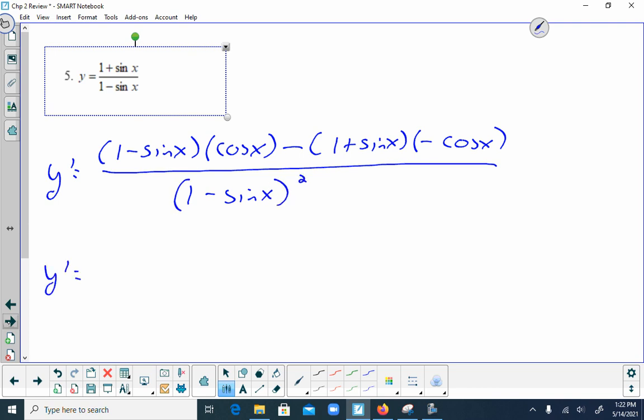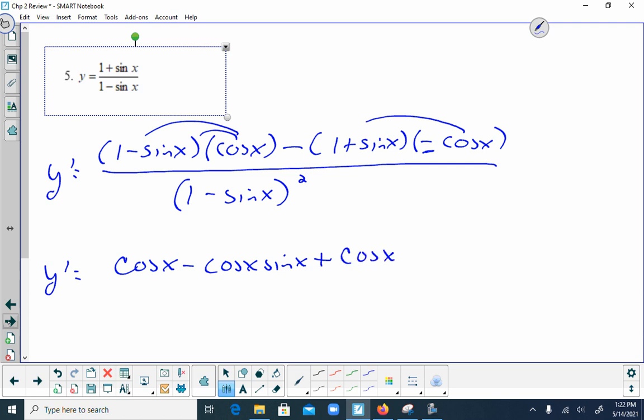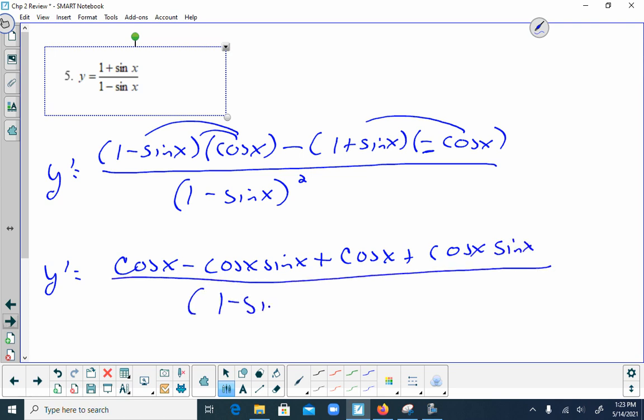Well, I'm going to go ahead and distribute this cosine x, and I'm going to have cosine x minus cosine x sine x minus, distributing this negative cosine x, I'm going to have a negative times a negative, we'll make that a positive. So I'll have cosine x plus cosine x sine x, and this is all over 1 minus sine x squared.